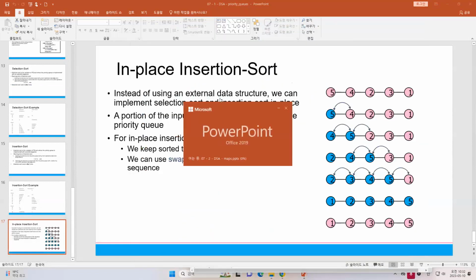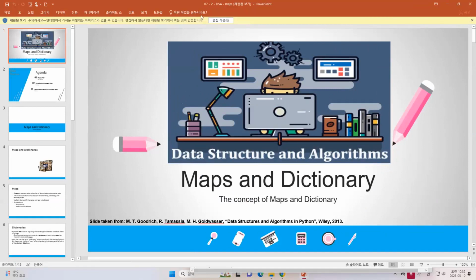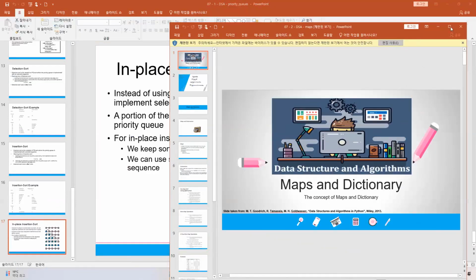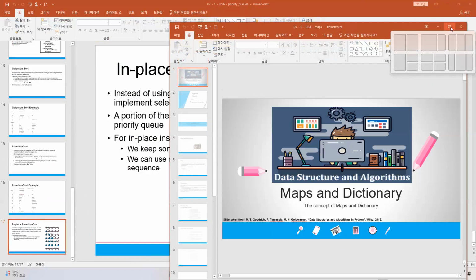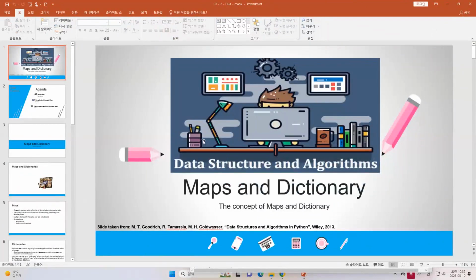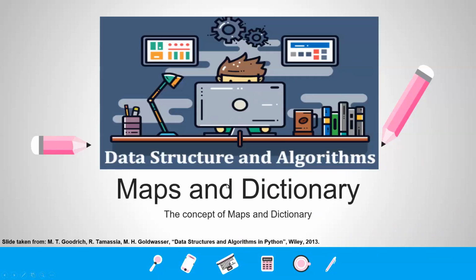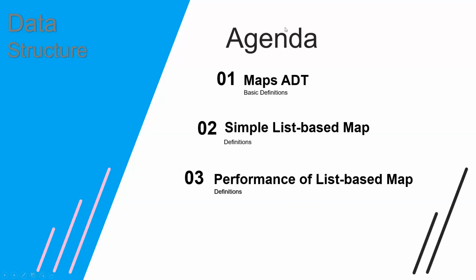So let's move to the next section. Now we are going to discuss maps and dictionary. As I mentioned before, we have the curly bracket. The curly bracket we can use for set and we can also use for dictionary.